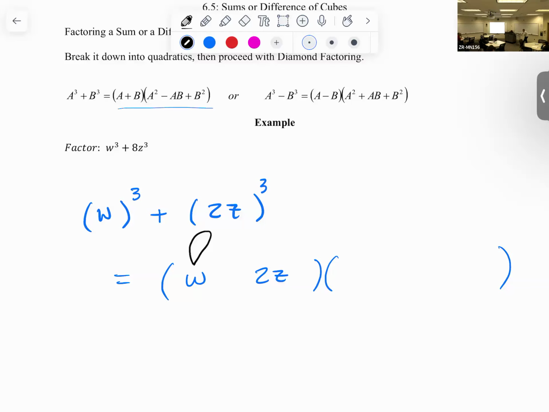W times W, what does that become? W squared. Then it becomes the combo, W times 2z, which is 2WZ. And then the last term times itself, 2z times 2z, 4z squared.